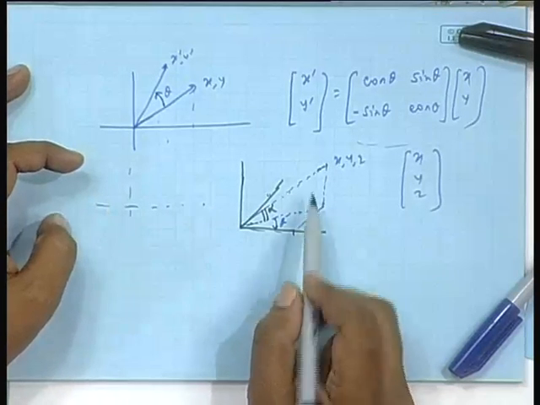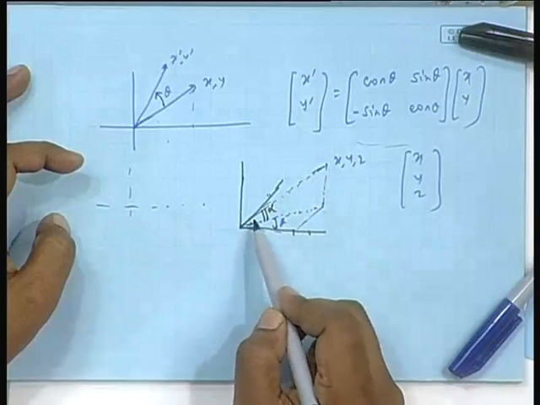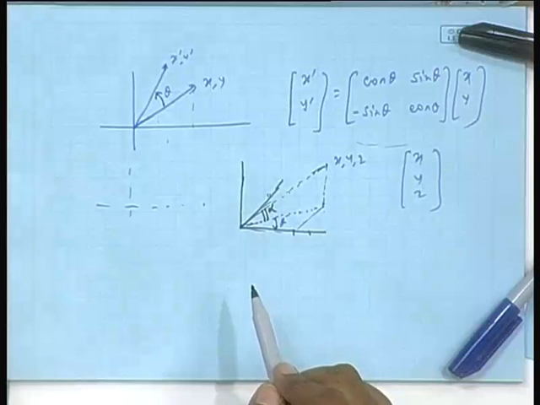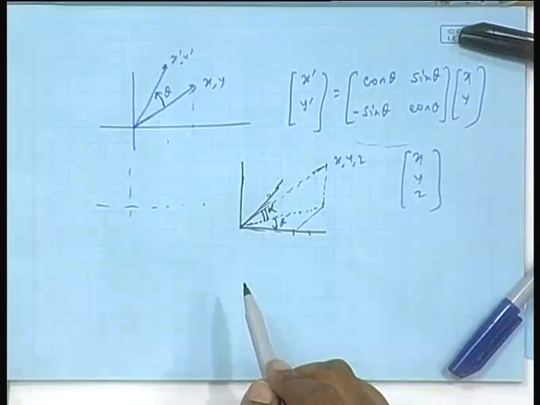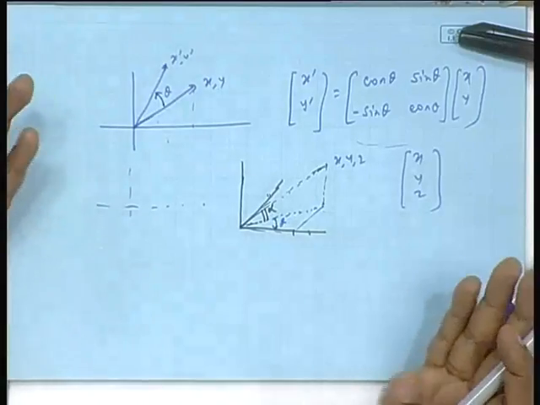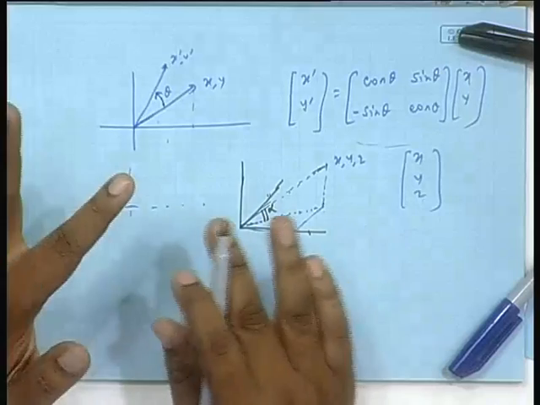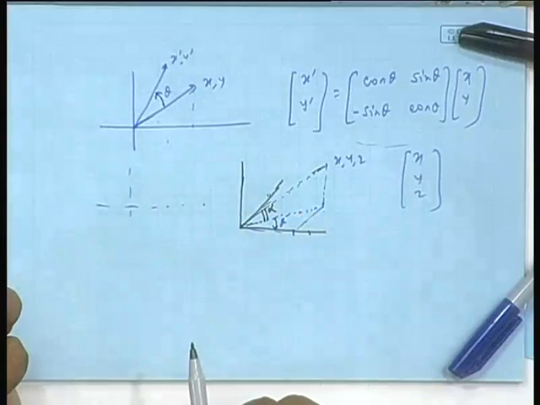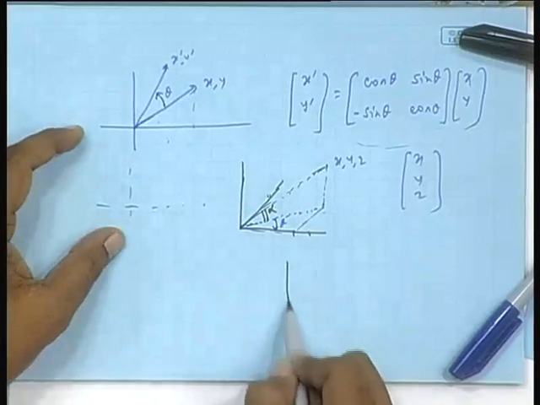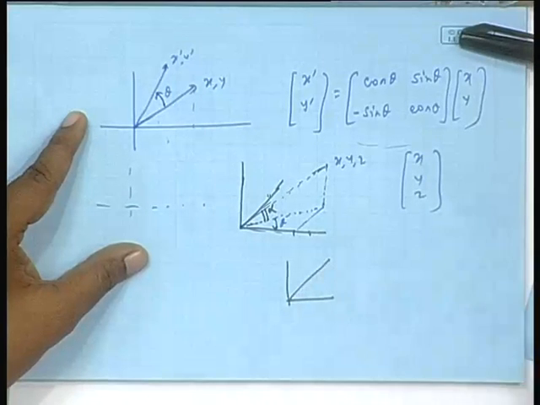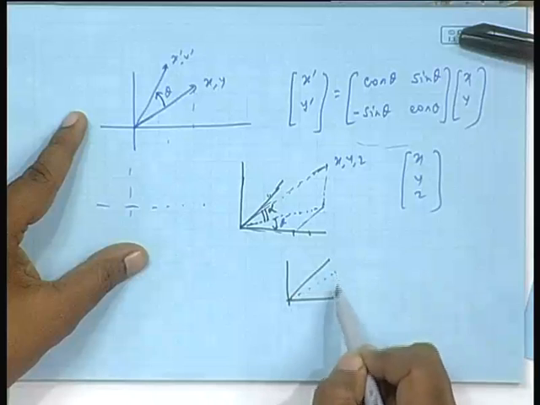And therefore this particular line will be in the x z plane then. So it will be like this, and this fellow will come in this x z plane.